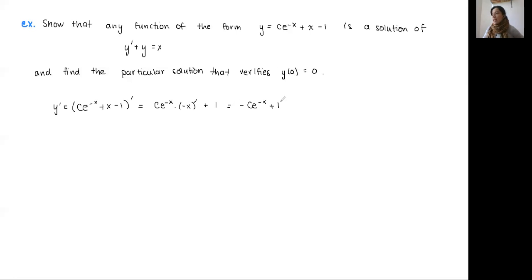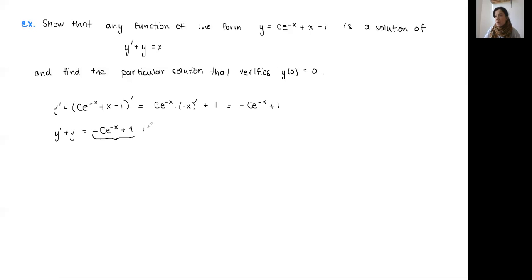And then we can plug this into y prime over here. We can also evaluate y, and then we'll check if this is equal to x. Raise your hand if this makes sense for you. All right, good. So y prime plus y is going to be equal to, the derivative here is minus c e to the minus x plus 1. That's just replacing y prime.